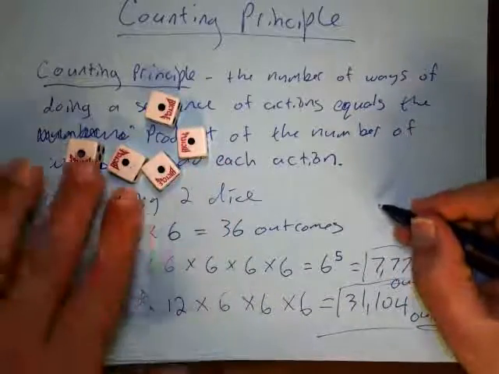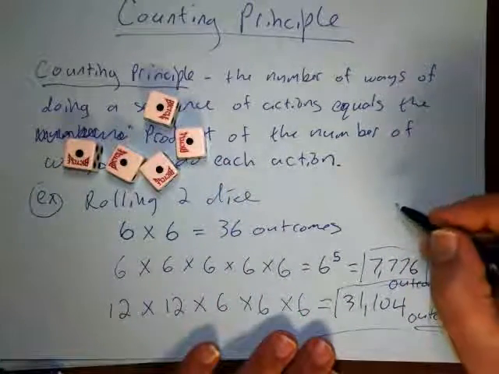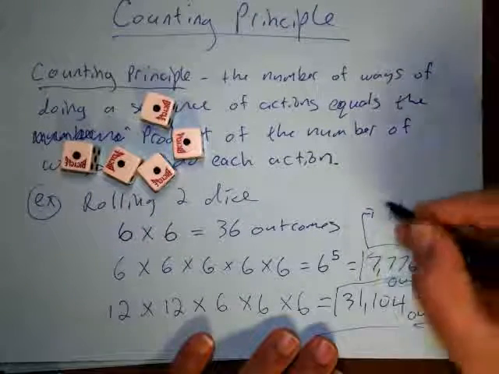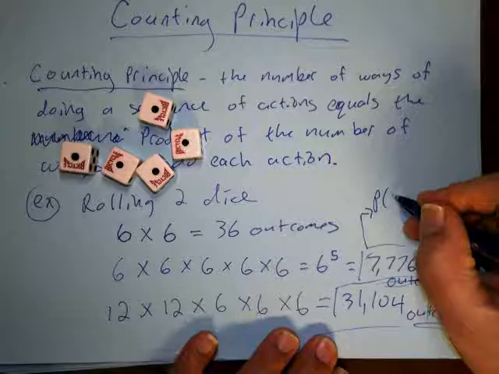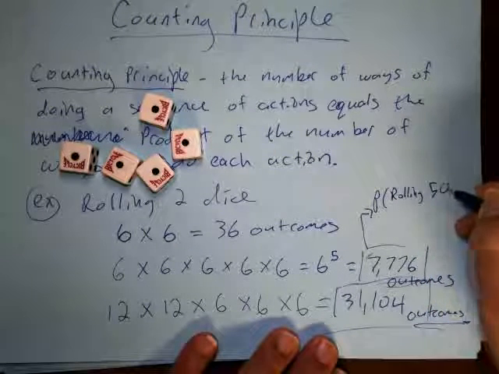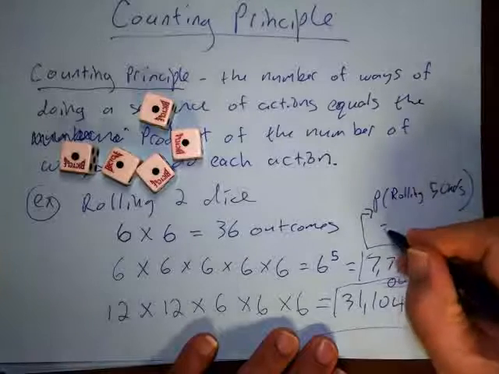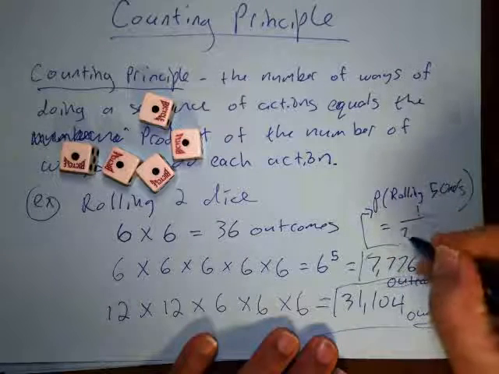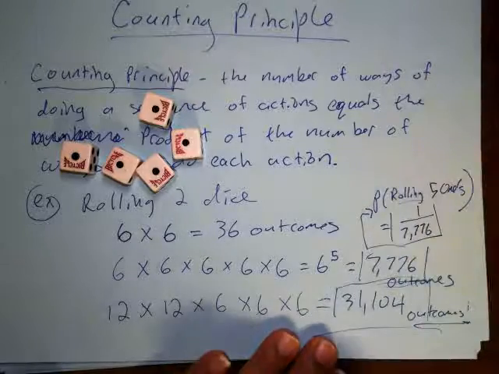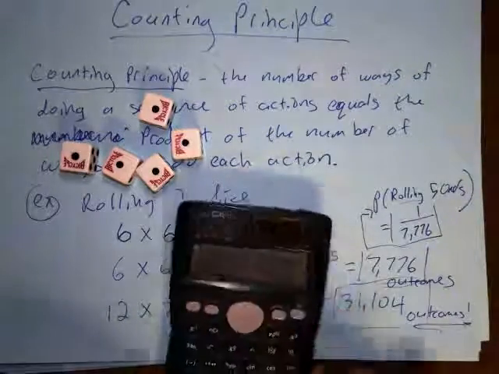Every dice would have to be a 1, kind of like getting snake eyes, but it's with 5 dice. So using this as the total number of outcomes, the probability of rolling 5 1s would equal 1 out of 7,776, right? So there's a very, very small chance that that could occur.